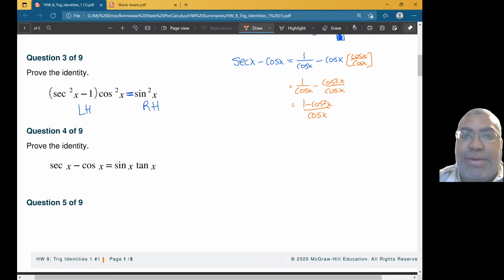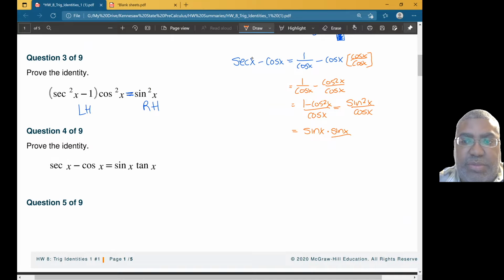Okay, there it is. I got lost. Okay, this becomes Pythagorean identity, sine squared x over cosine x. Almost done. Some of you already see it. Is equal to sine squared x is sine x times sine x, and one of them is over cosine x.